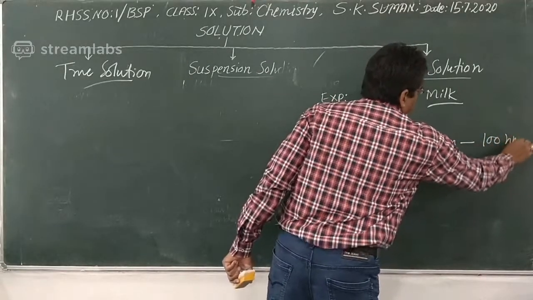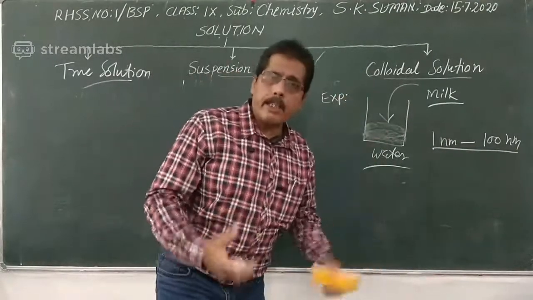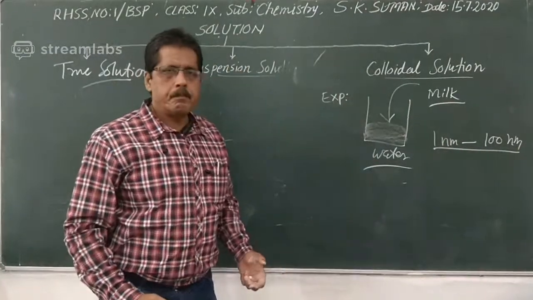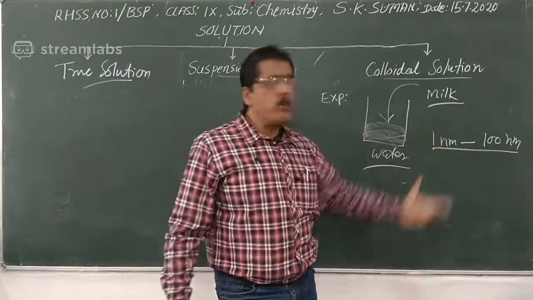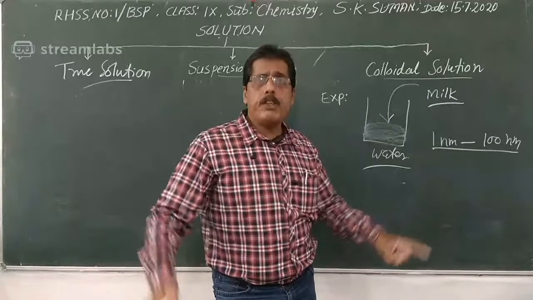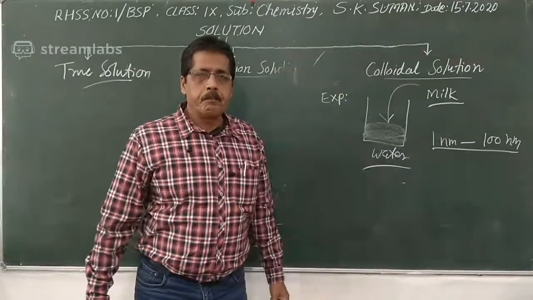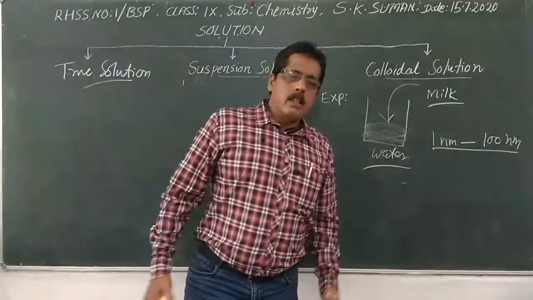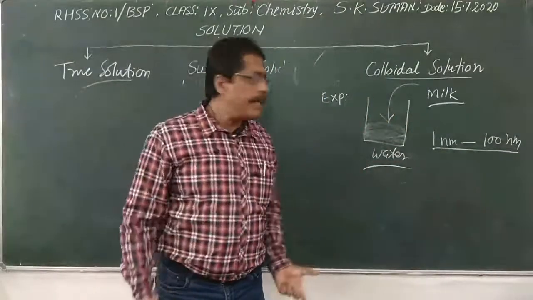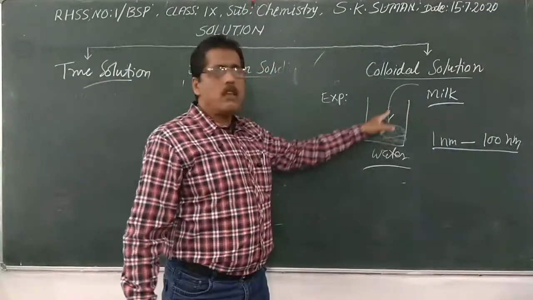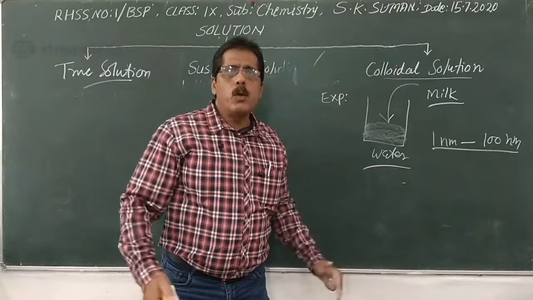But students, if you perform this activity at home, you will find that as soon as milk was added in water, it came into a peculiar type of motion. The milk substance which was added here will now be in motion. That motion is called Brownian motion. You know what Brownian motion is? It is a zigzag motion.